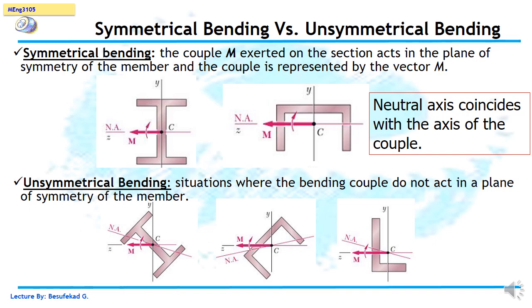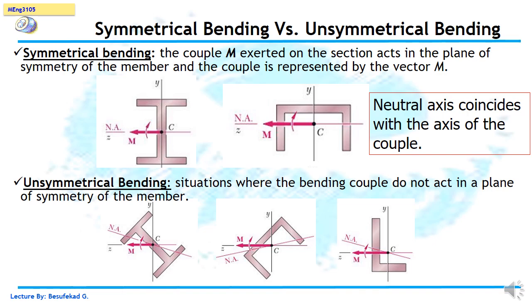Look at the second figure. The second figure is a channel beam. Now on this channel beam, how many planes of symmetry does it have? One. It has only one plane of symmetry. Which one is a plane of symmetry? Is this the XZ or XY plane?